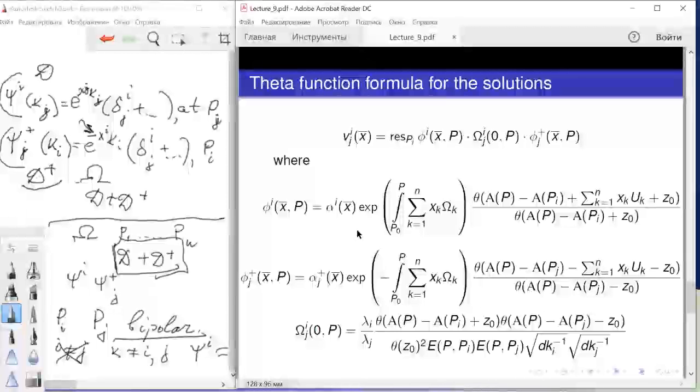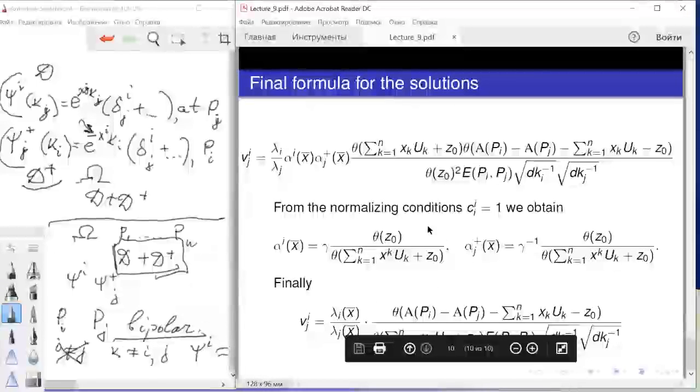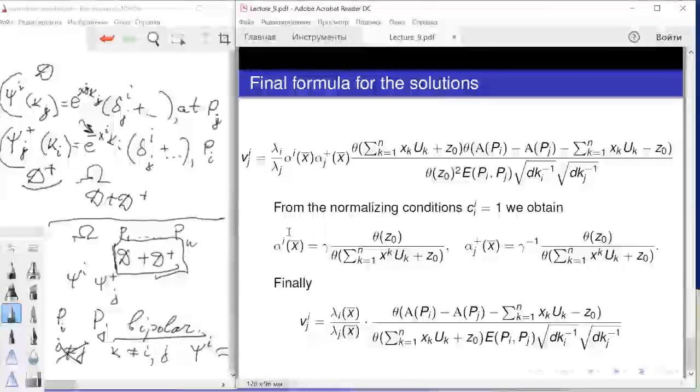This normalizing condition was as follows: phi I, the non-exponential factor of psi I, should start from unit at the point pi, and we are exactly at the point pi. So this gives the following expression for normalizing coefficients.